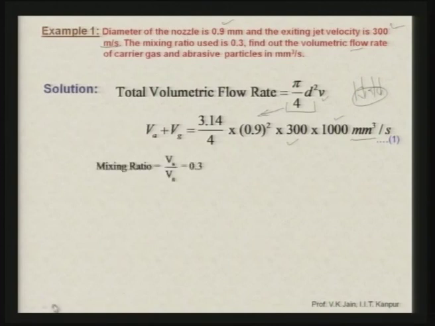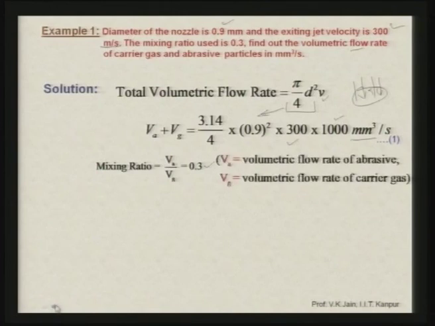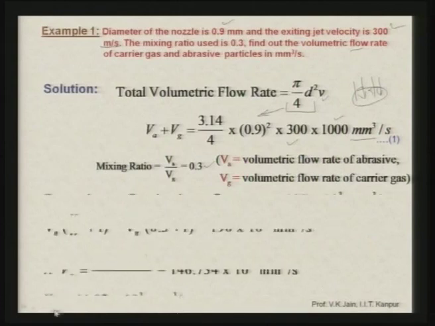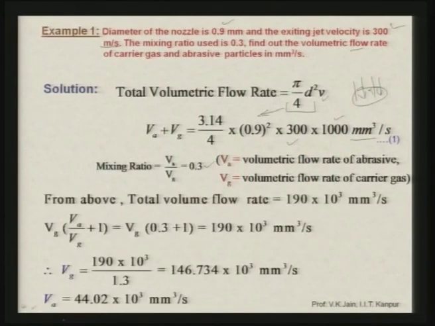Mixing ratio we already know is given by Va over Vg, and that value is given as 0.3. Va is the volumetric flow rate of abrasive and Vg is the volumetric flow rate of carrier gas. If you calculate the values, you will get 190 multiplied by 10 raised to power 3 cubic millimeters per second as the total volumetric flow rate.